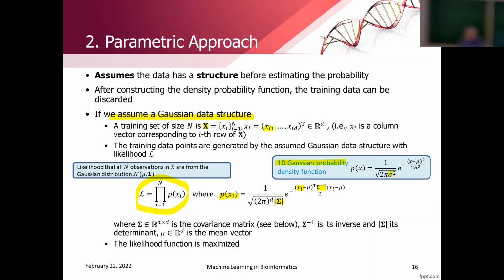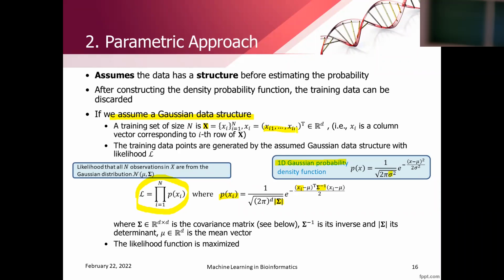So our observation is this big matrix capital X. And we would like to find such parameters describing the multidimensional normal distribution for which the probability that we obtained these n observations is the highest.